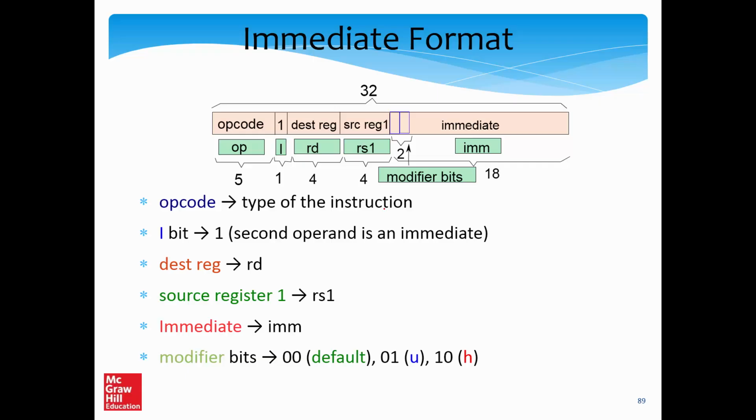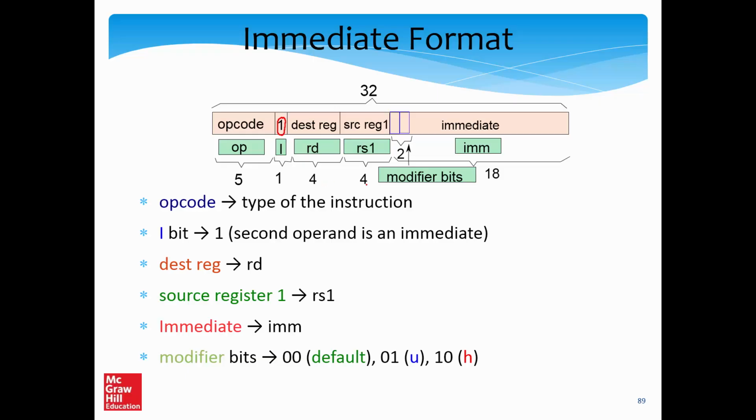Now let's consider the case where we have a 3 address instruction and the second operand is an immediate. So we'll start the same way. We'll have a 5-bit opcode. We'll have 1 bit for the immediate. So 1 bit over here, and its value needs to be 1 because the second operand is an immediate. Then we'll have a register destination, 4 bits for that.